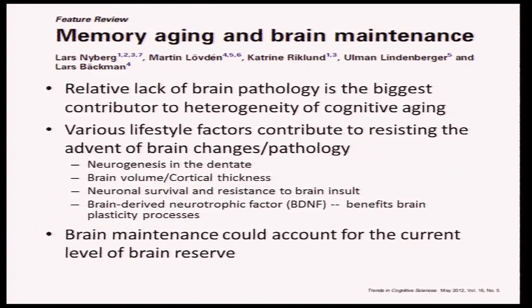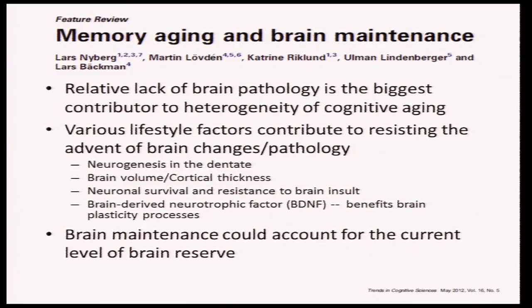More recently, this concept of brain maintenance has come forward. I think it's really an important one. Specifically for cognitive aging, it's a really key point that the relative lack of brain pathology is the biggest contributor to heterogeneity of cognitive aging. And these lifestyle factors can contribute to that. So again, the way that I integrate that is that this brain maintenance can account for the current level of brain reserve.